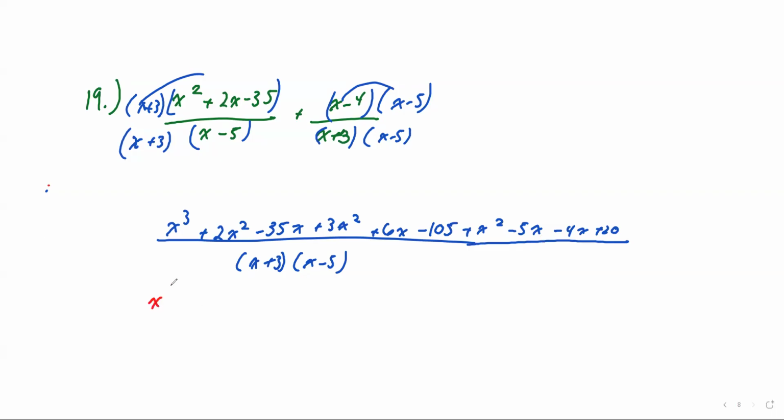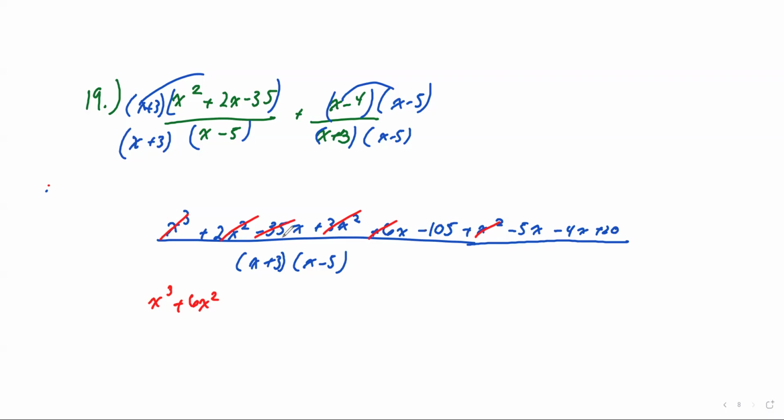I got an x cubed, 2x squared, 5x squared, 6x squared, negative 35, negative 29, negative 30. Nope, I lied.